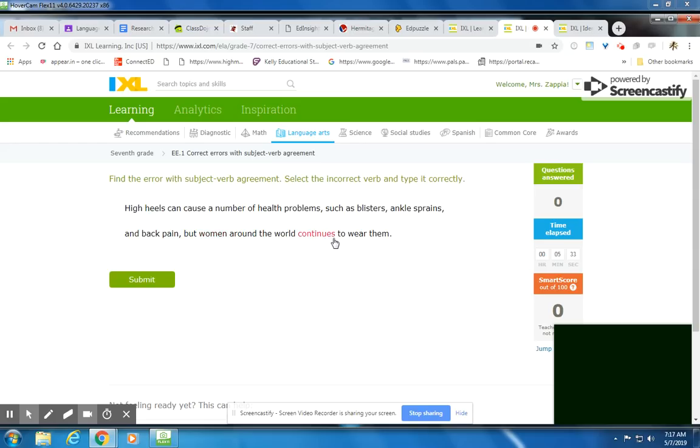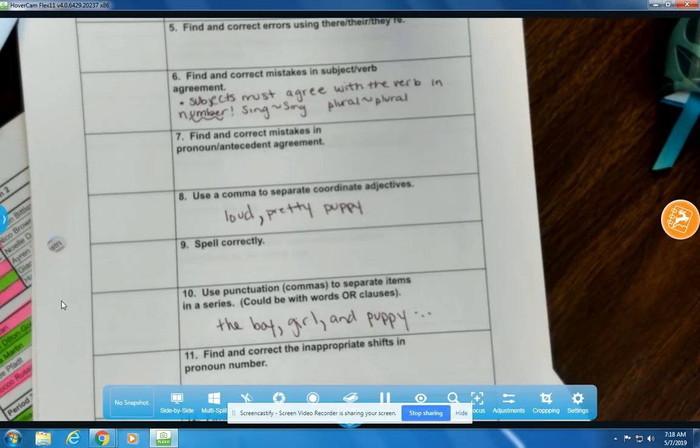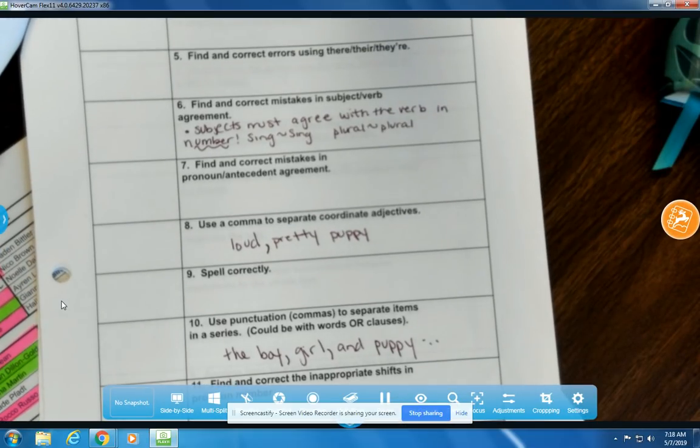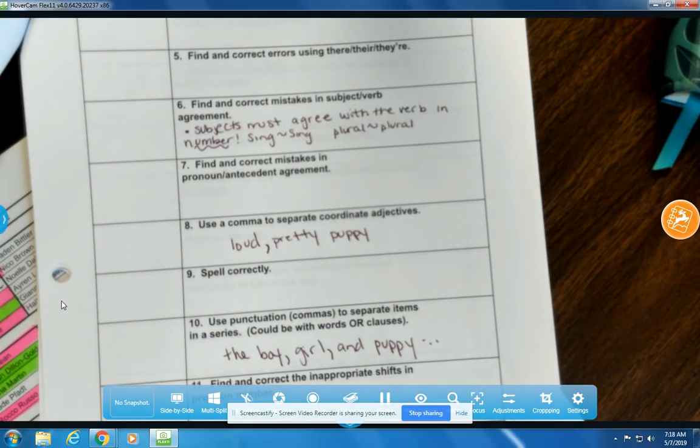So when we use the S ending, continues, we're actually using that singular verb. So it needs to be continue. But women around the world continue to wear them. So again, keep in mind, we need to double check and make sure that our subjects match up and agree in number with our verbs.